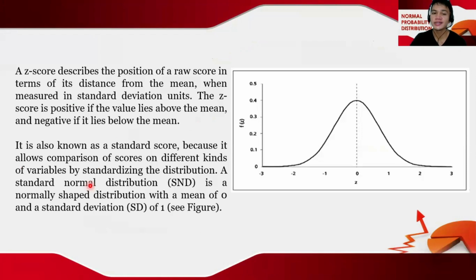It is also known as standard score because it allows comparison of scores in different kinds of variables by standardizing the distribution. A normally shaped distributed area with mean of 0 and a standard deviation of 1 will give us this figure. This figure represents that we have a mean of 0 and a standard deviation of 1, or a distance of 1.